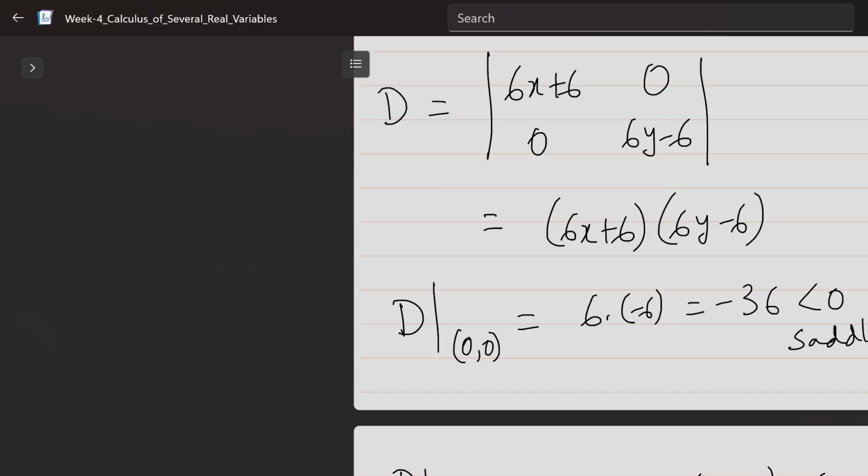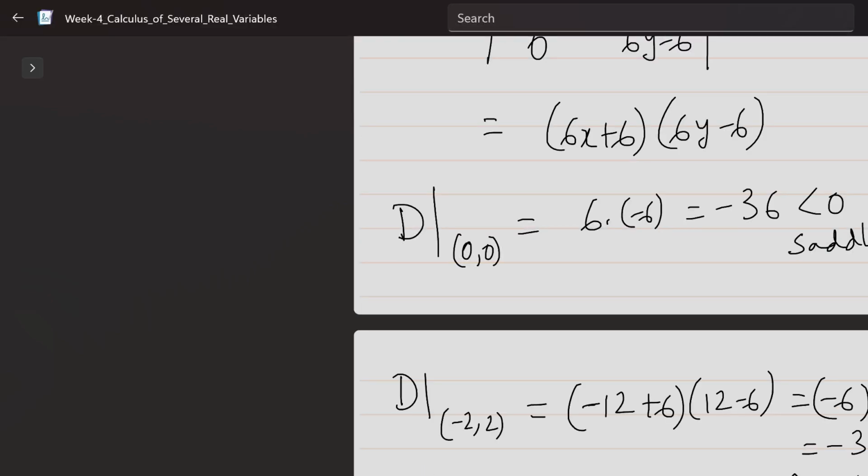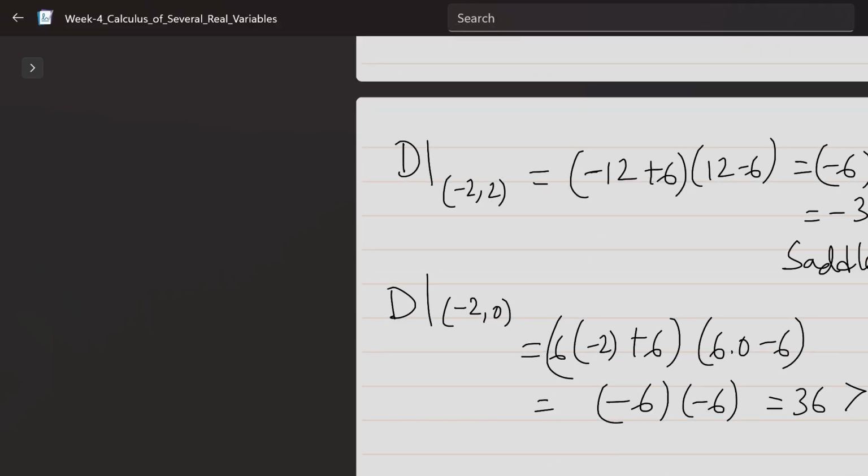What is D at minus 2, comma 0? Tell me. It is 6 into minus 2 plus 6 and 6 into 0 minus 6. So it is minus 6 into minus 6. So it is 36, right? Positive. So not a saddle point.